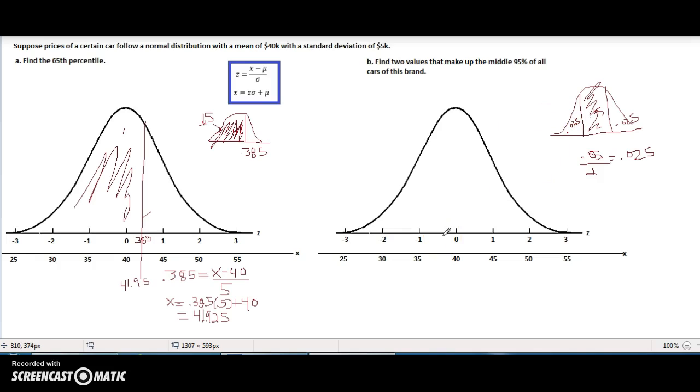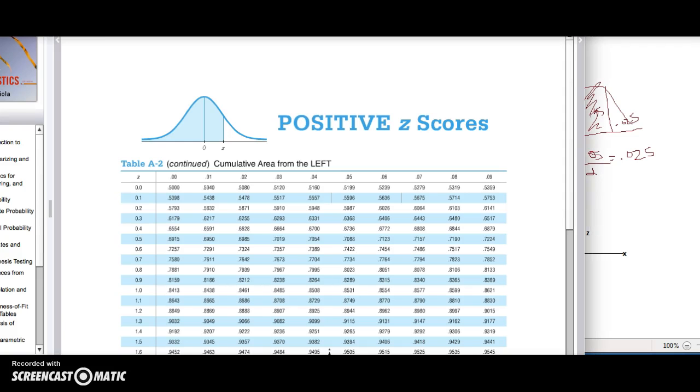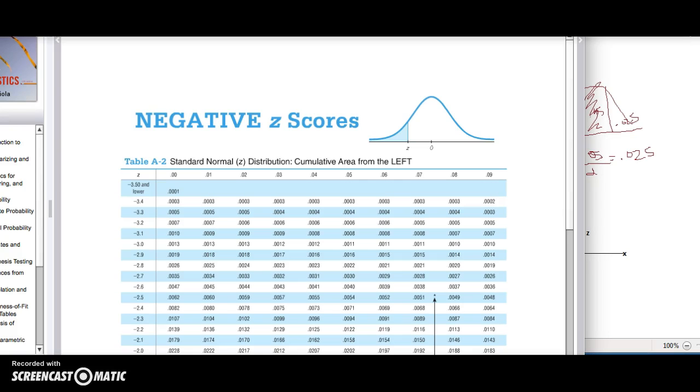Okay, so if we look up 0.025 in the table, it's going to be negative. A value that's closest to 0.025 in the middle.